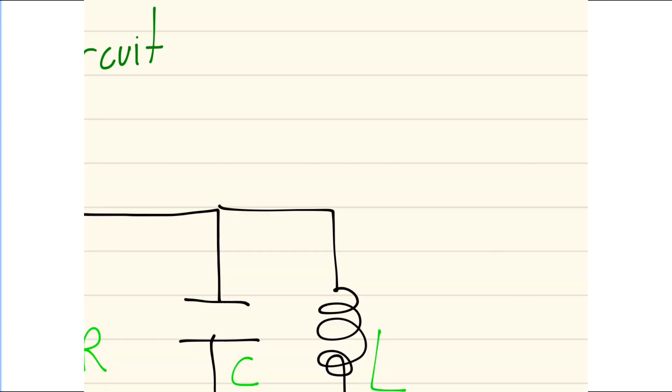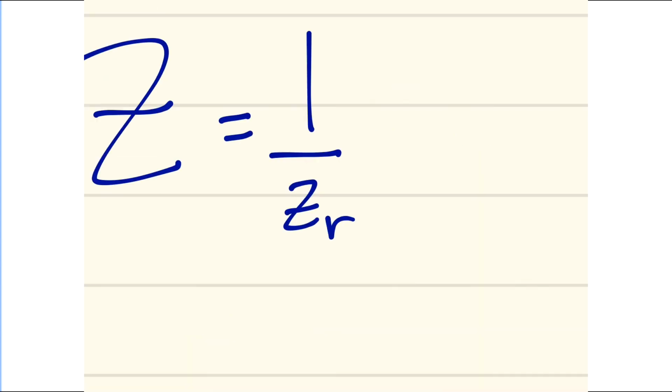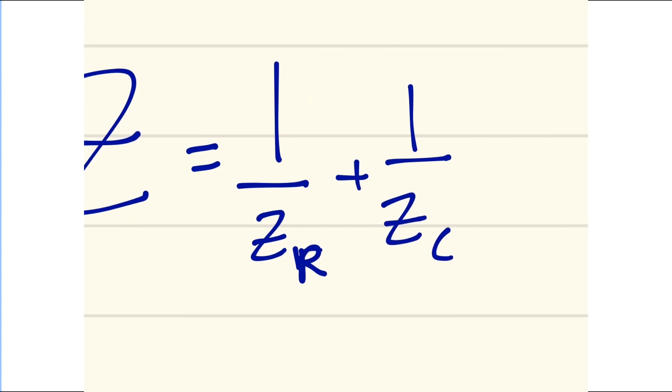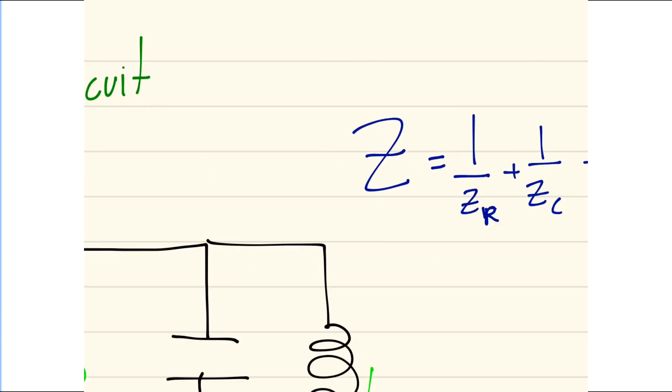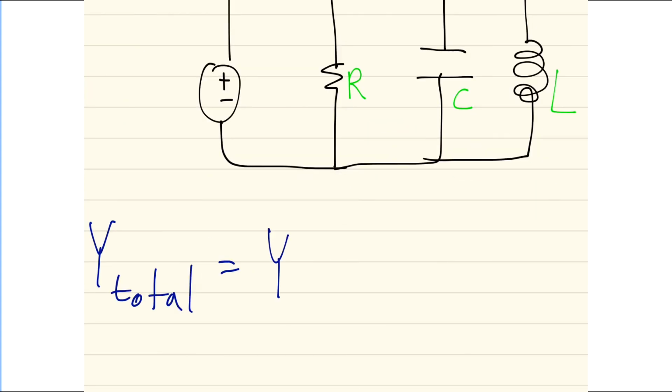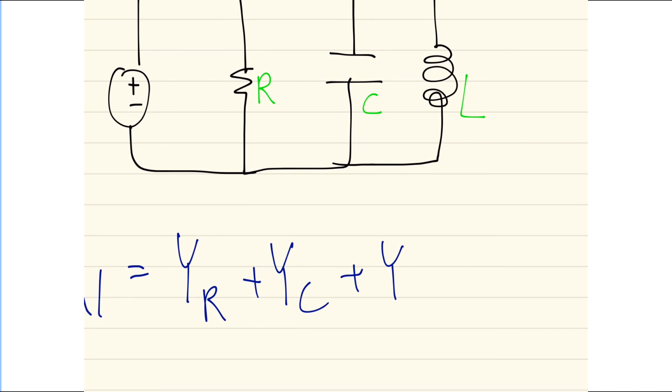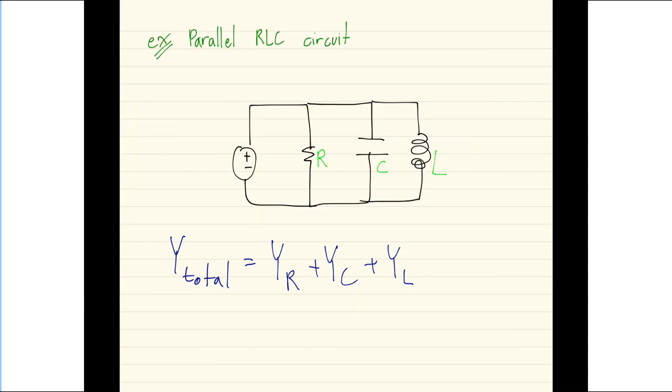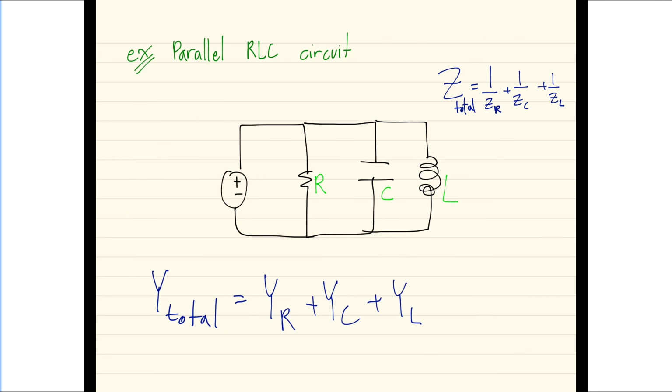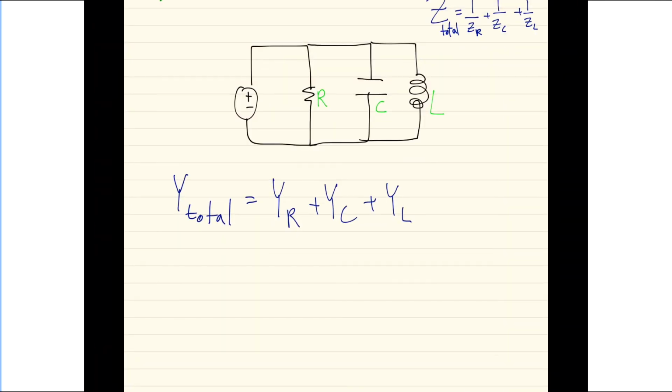In the case of impedance we need to use 1 over R plus 1 over C plus 1 over L to find the total impedance. But for the total admittance, we find the reverse of them, so we only use the sum of R, C and L. So in the equation we will use total Y equal to YR plus YC plus YL, where Y stands for admittance.